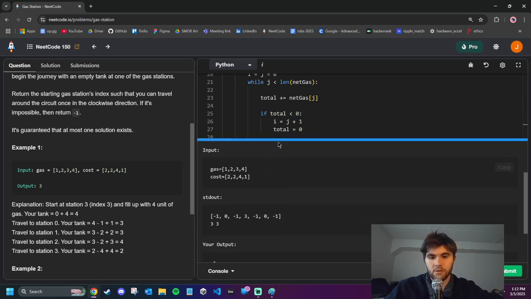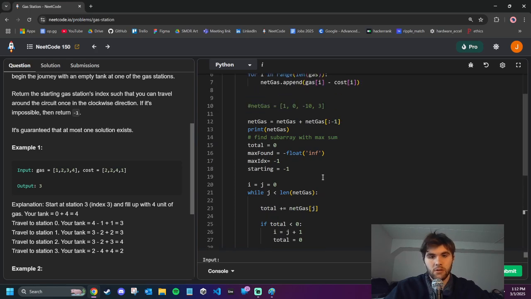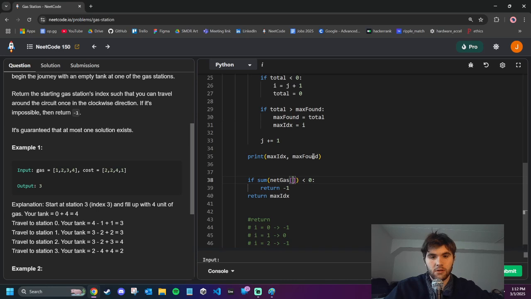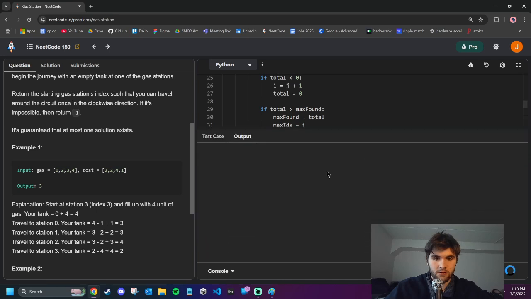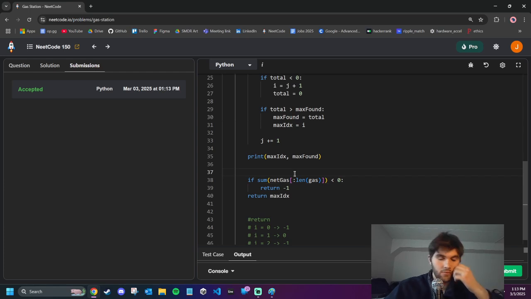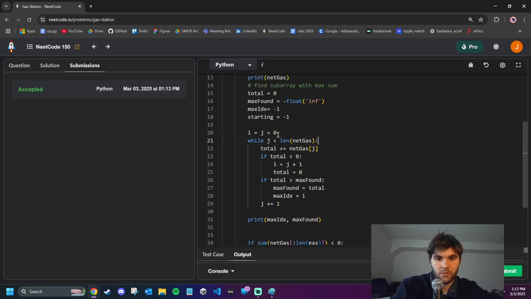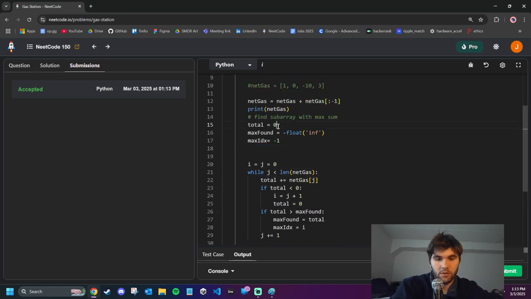Okay, now this is... Let's only go up until length of gas. Alright, let's see if we get any errors here. Okay, that does work. Okay.